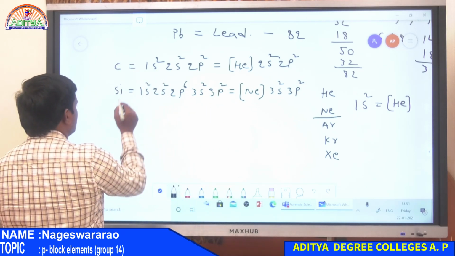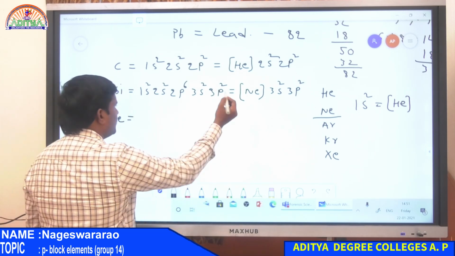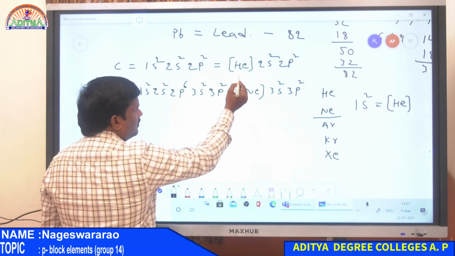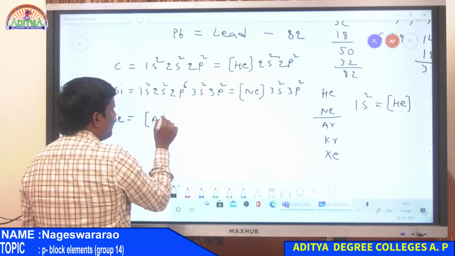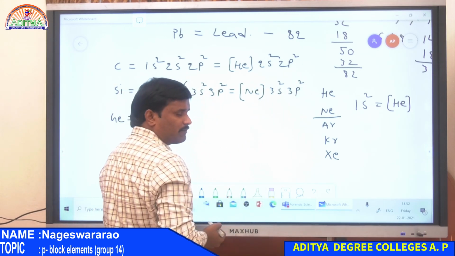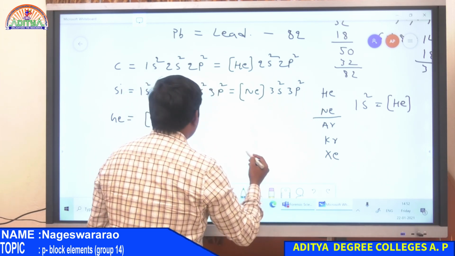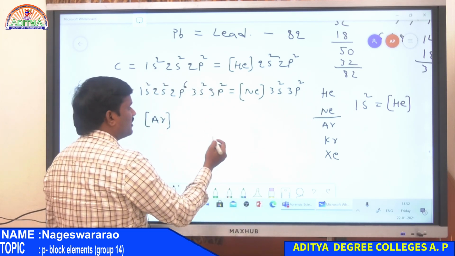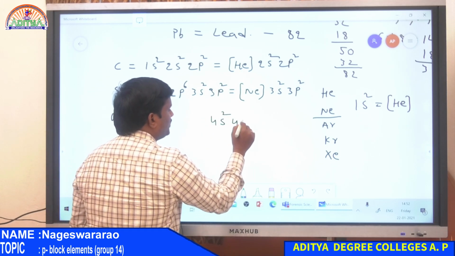Next one is germanium. For germanium, similarly write the electronic configuration. So helium, neon, and next one is argon. First one is 2s2 2p2 for carbon, and for silicon it is 3s2 3p2. Therefore for germanium, what is the remaining configuration? It is 4s2 4p2.